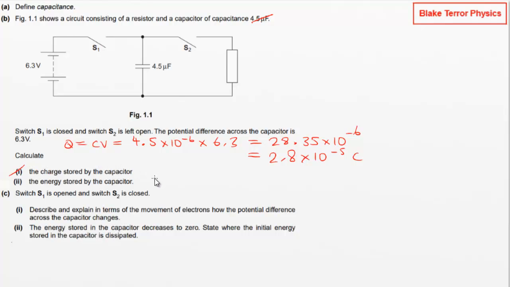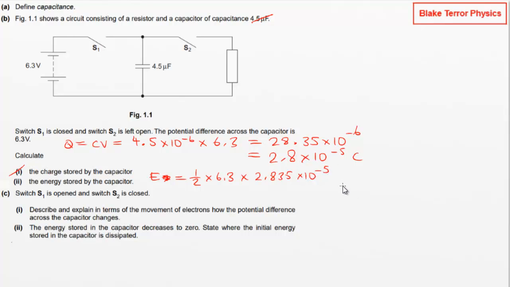Energy stored by the capacitor. So we want half QV, which is the same as half CV squared. So we take the answer we've just got and multiply it: E is equal to a half multiplied by V multiplied by 2.835 times 10 to the minus 5.